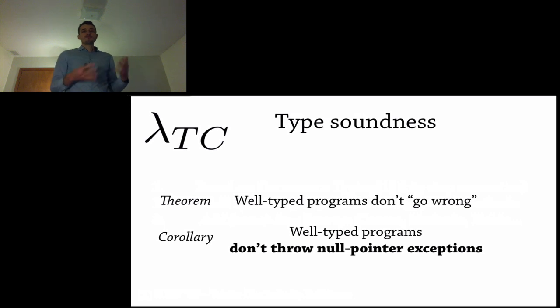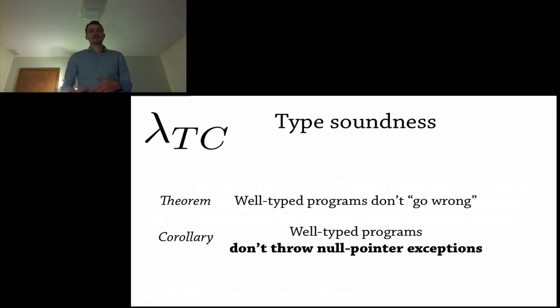And then I proved this fragment type sound, and the important theorem is that well-typed programs don't go wrong. And intuitively, we encoded this idea of throwing a null pointer exception as a wrong state. So as a straightforward corollary of this theorem, we have that well-typed programs don't throw null pointer exceptions. At least the Clojure parts of them do.